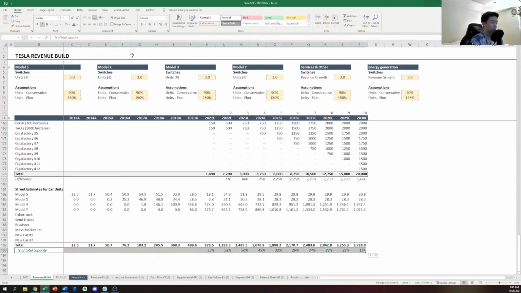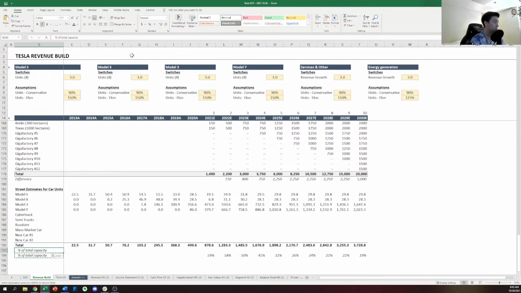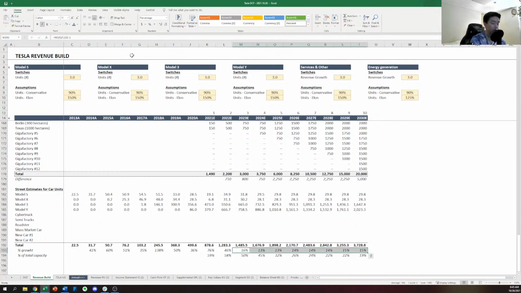So, percent growth. Okay. Obviously these growth rates are just way too slow, right? Because no matter how bearish you are on Tesla, I don't think that for at least a few of these years they're going to be growing by 16%, 13%.